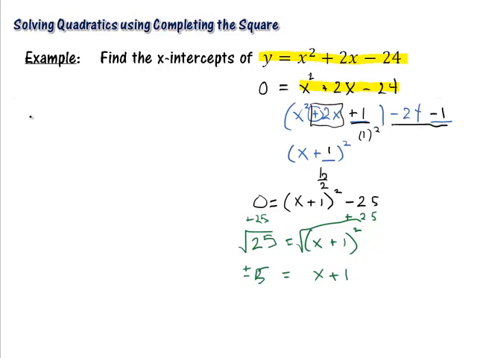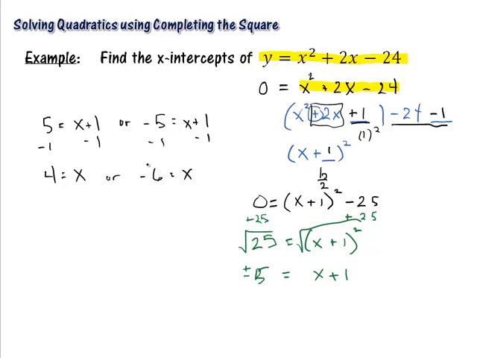I'm going to go up here to the left and do these. I'm going to have positive 5 equals x plus 1, or negative 5 equals x plus 1. And now I'll solve each of those by subtracting 1 and get 4 equals x, or subtract 1 here, negative 6 equals x.